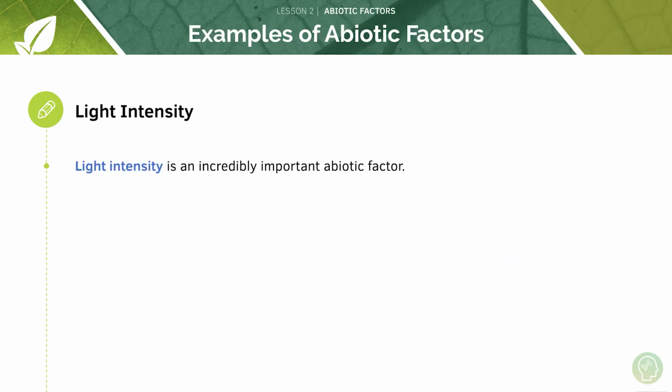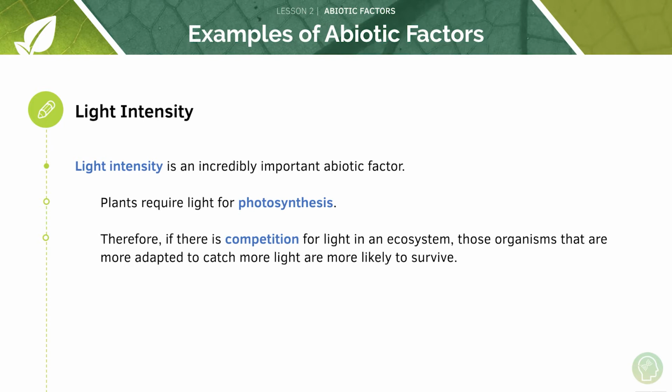So first of all, light intensity. As I'm sure you can probably guess, light intensity is an incredibly important abiotic factor because plants require light for photosynthesis. Therefore, if there is competition for light in an ecosystem, those organisms that are more adapted to catch more light are more likely to survive. Remember, there is competition within the same trophic level, and we saw this in the previous tutorial.